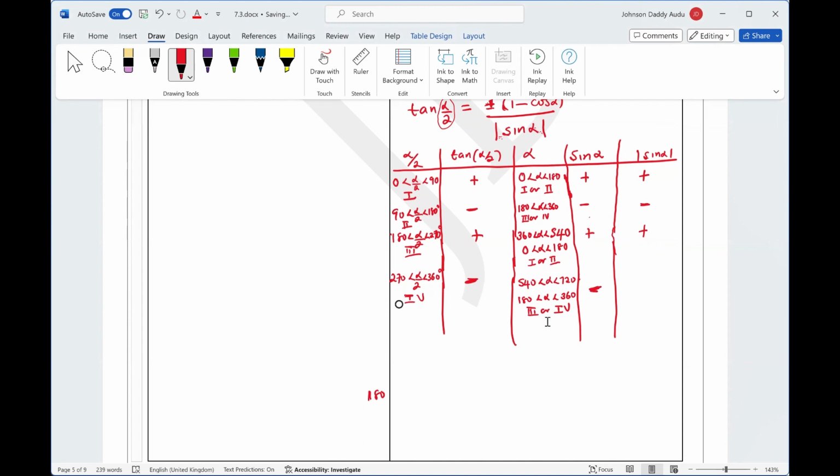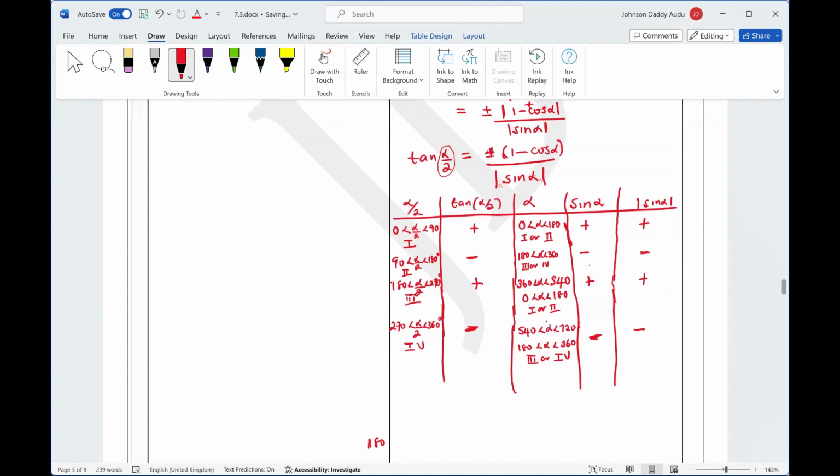So since sine is negative, what will be the sign of the absolute value of this? If sine is negative, the sign is going to be also negative, yes, because before you remove the absolute value, you need to put a minus outside.